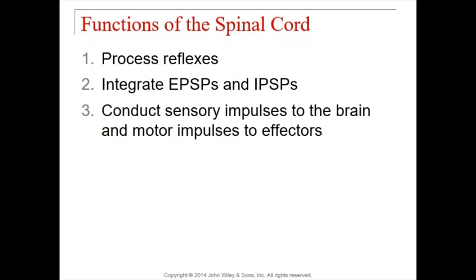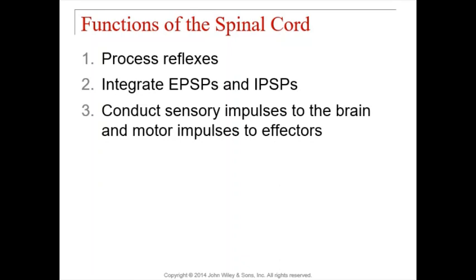It's to process reflexes. Not only is it processing reflexes, it's also processing or integrating other types of information. Turns out, your spinal cord helps to process excitatory postsynaptic potentials and inhibitory postsynaptic potentials. Remember, EPSP is an excitatory postsynaptic potential.